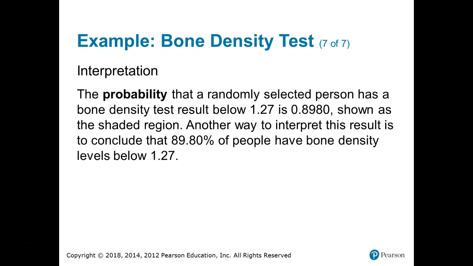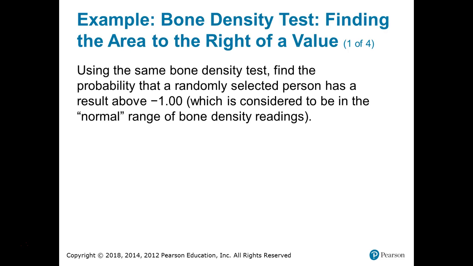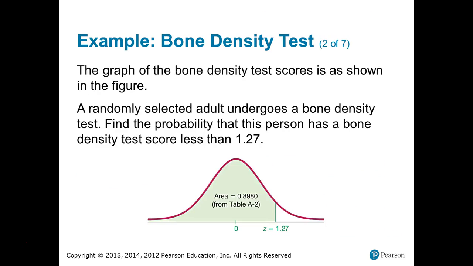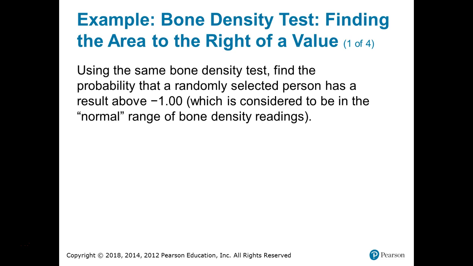Okay, so that will be your probability or the area at that point. Now, the previous example was finding the area to the left of the z. Now we're going to do an example where we're getting the area to the right of a value.